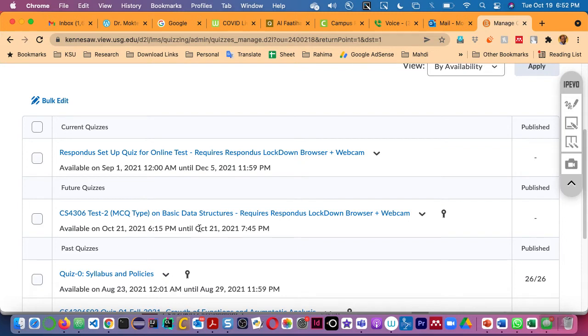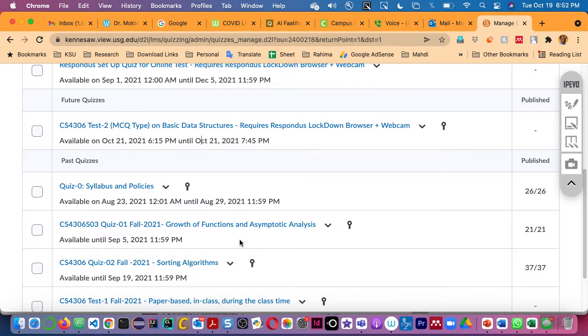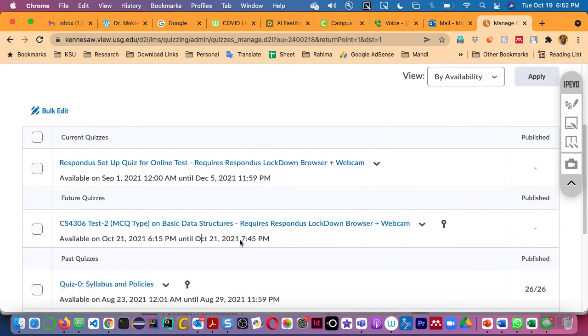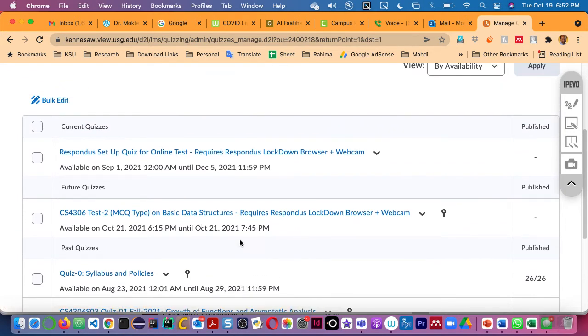So do not try to open other devices from the other side. The webcam will capture your video every moment. Okay, what else? I forgot. Okay, let us go.